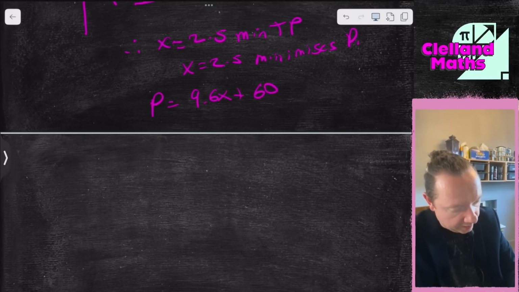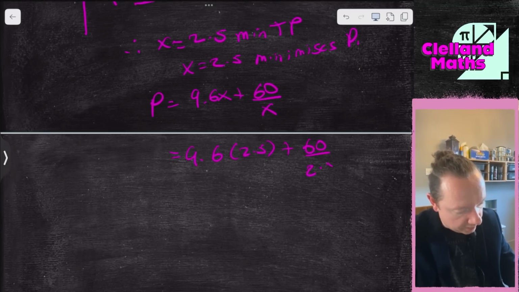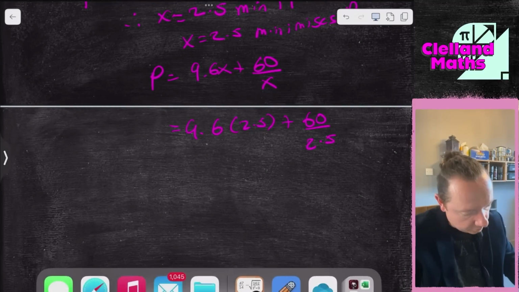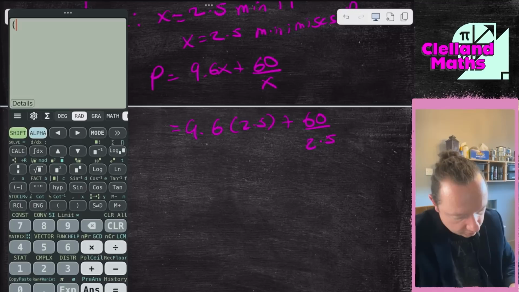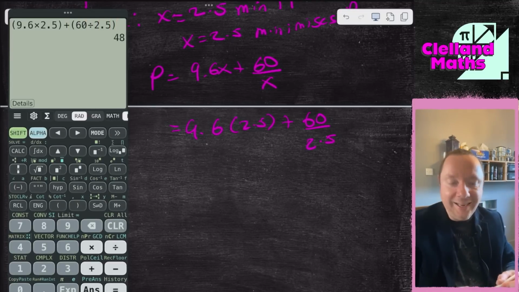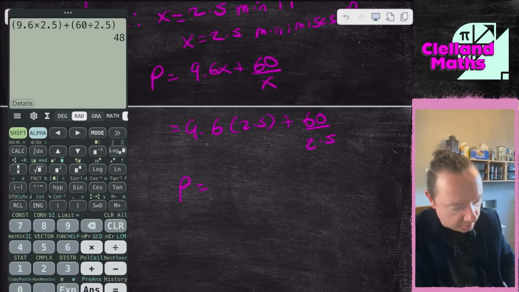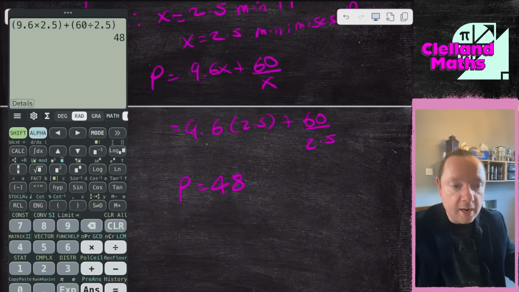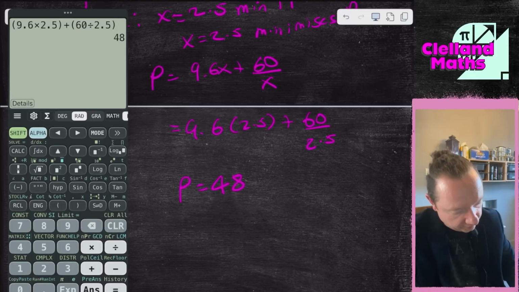So that's 9.6 times 2.5 plus 60 over 2.5, which is 48. So our minimized perimeter is 48. And I'm pretty sure our units were centimetres or metres. Let's have a look. Centimetres, I think.